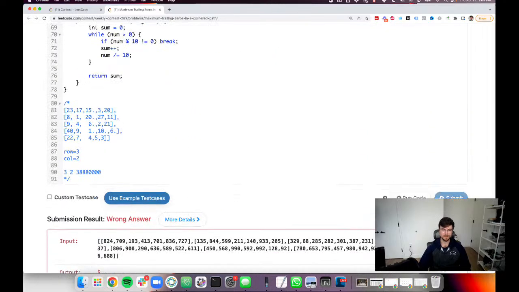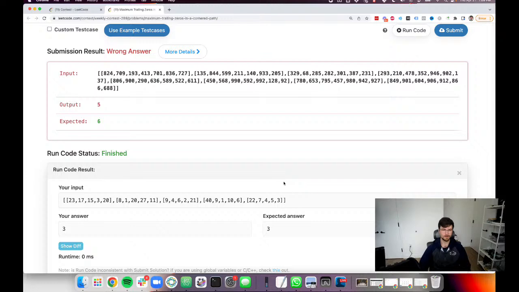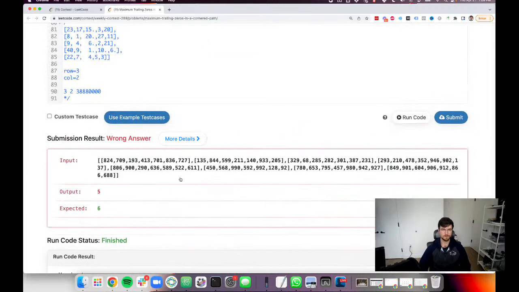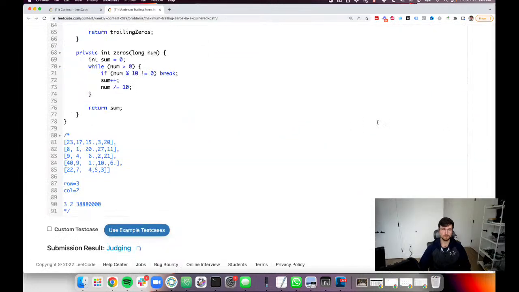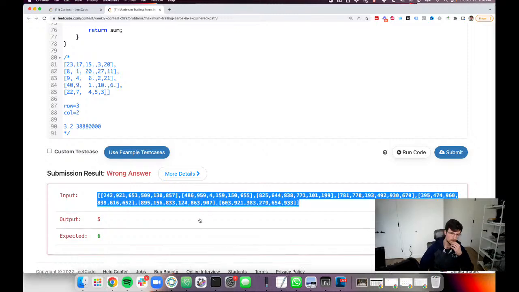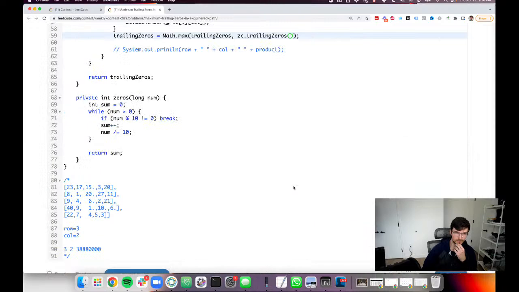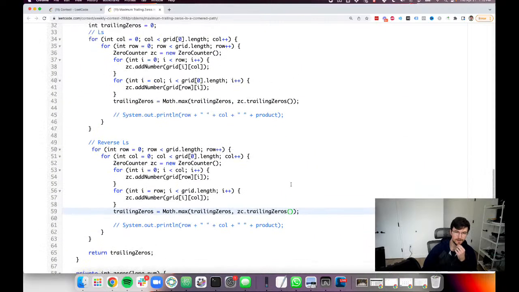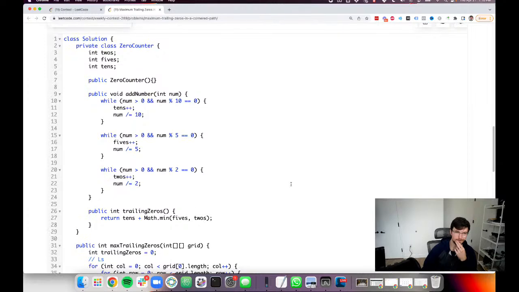And the question is, does this work? Well, it looks like it worked for that one. Okay, so we're still getting the same issue here now, which is making me a little concerned that there might be something else going on.